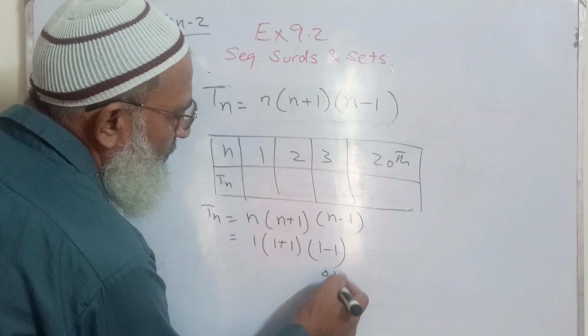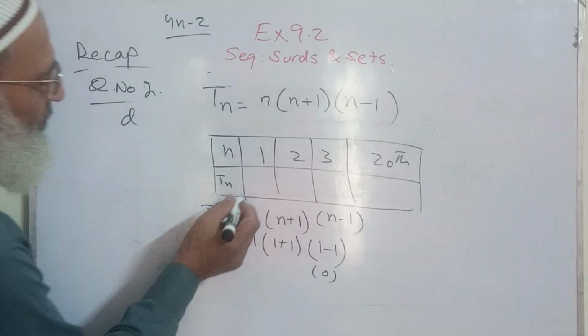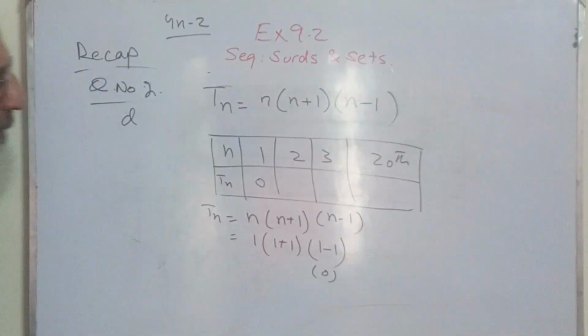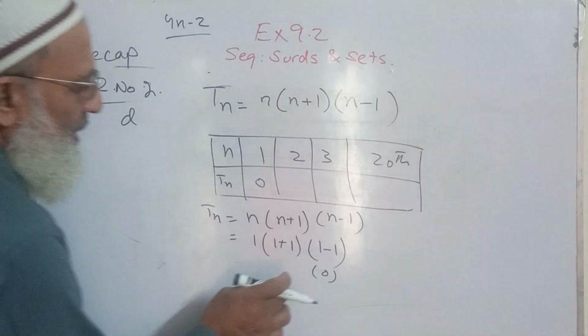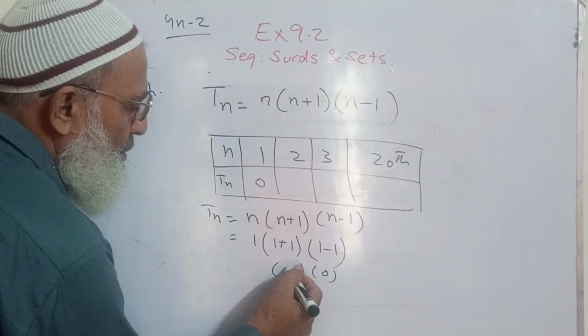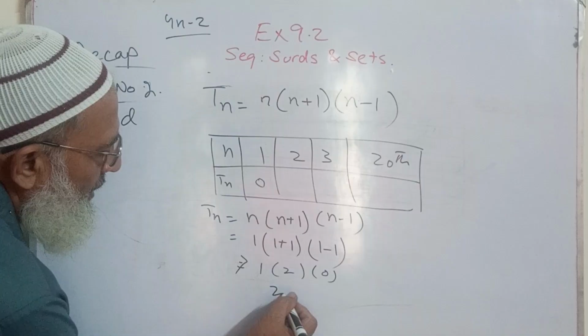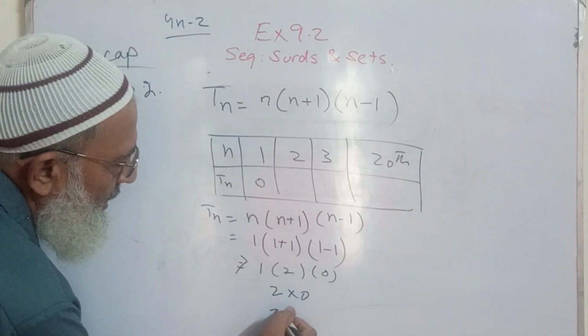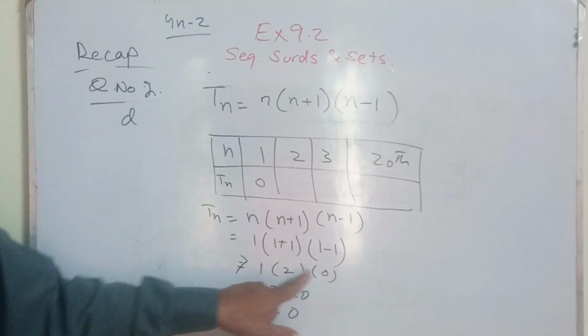Multiplying anything with 0 will bring a big 0 over here. 1 minus 1 is 0. So if you keep on doing it, 1 times 2 times 0 is 0. Anything multiplied with 0 is 0.